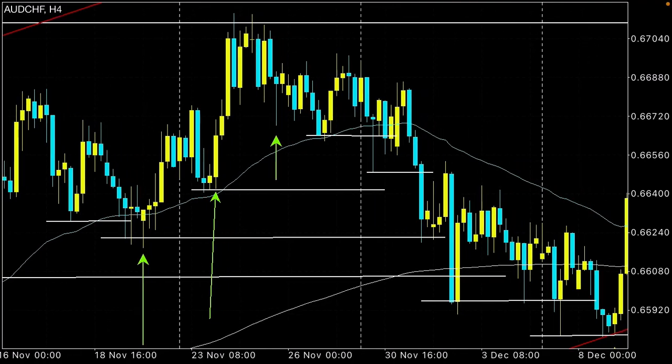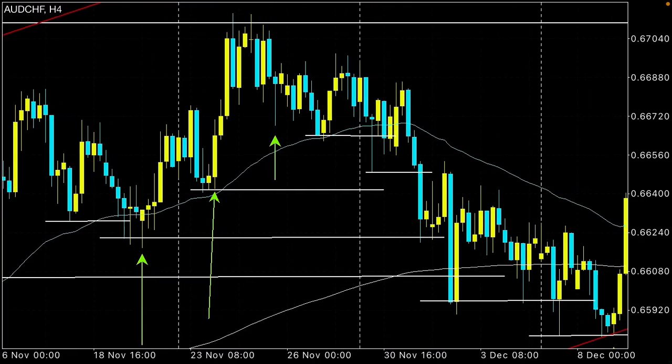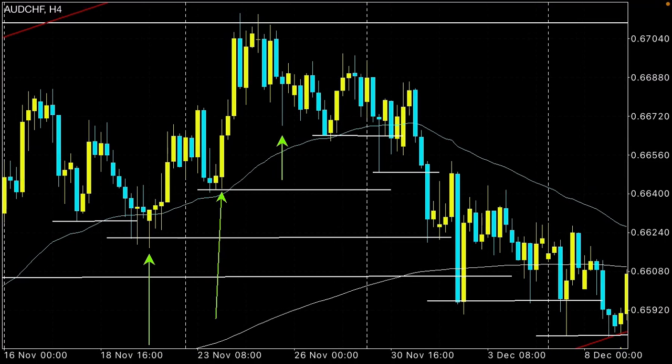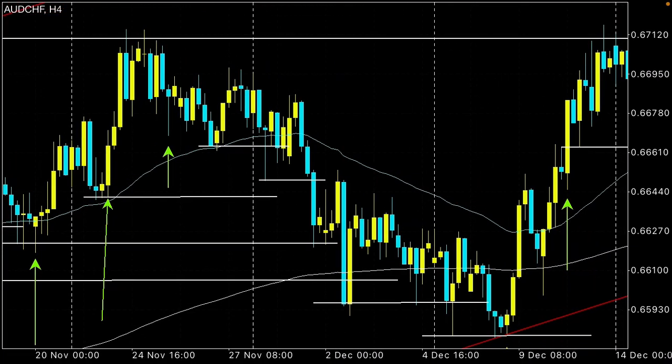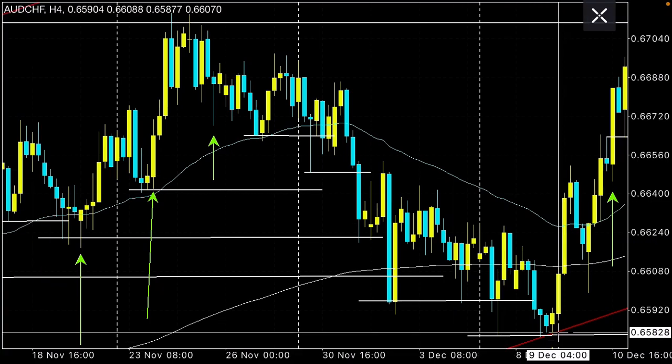If you start seeing the dealer closing back above the 200 in a buy trend, then you'll know that you're in a strong buy trend, because if he was in a strong sell trend, he would have broke the retail trader trend line too. You see the red trend line right here? He would have broke that.